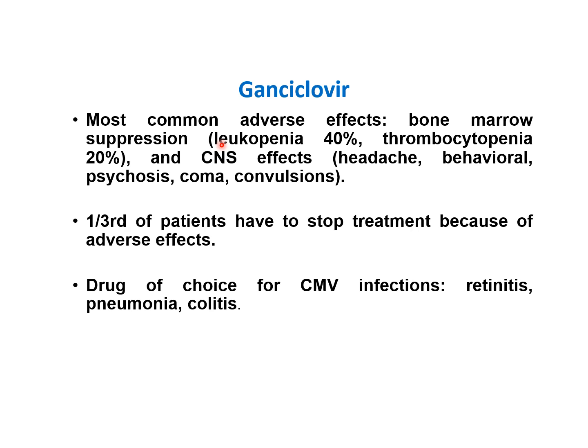It is a teratogen, so it is absolutely contraindicated in pregnancy, and it's a mutagen. It can lead to mutations, which can increase the risk for the development of cancer later on. Other side effects include central nervous system effects, including headache, but also behavioral changes, psychosis, coma, and convulsions. Because of these side effects, one third of the patients have to stop treatment.